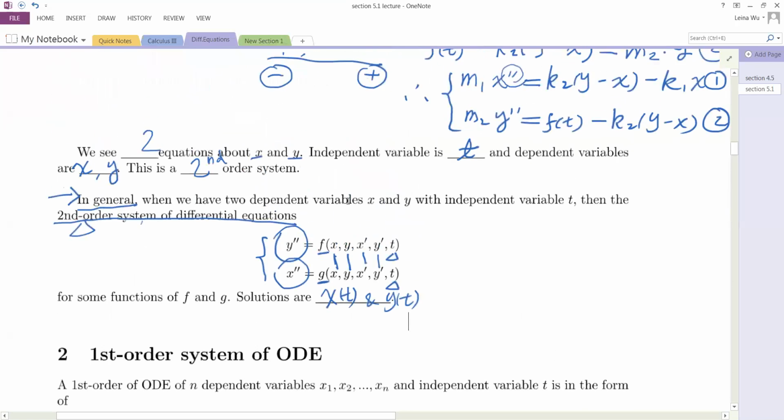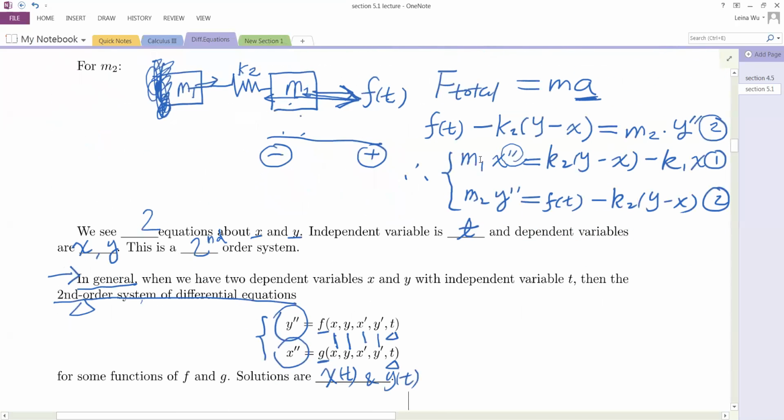Let me give you some examples. In this case, in the first equation, we can write x double prime equals this whole thing divided by m1.